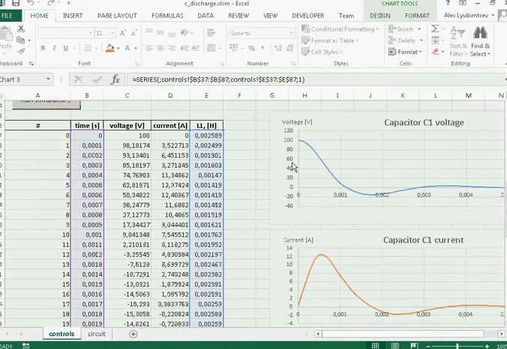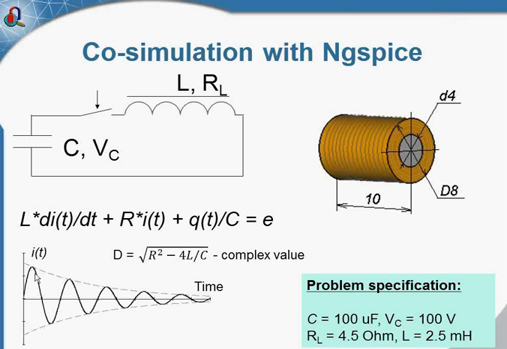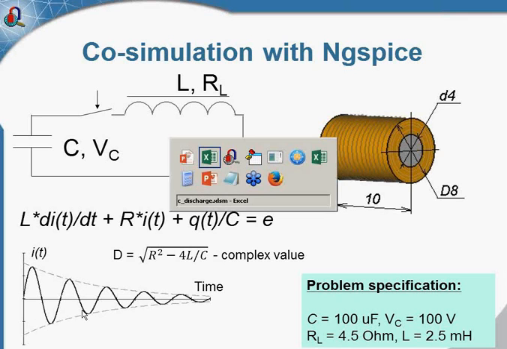When the results are ready, we can take a look at the current changing in time and the voltage changing in time. This is how the capacitor was discharging. And you may note that this is not the ideal sinusoidal form, as it would be in case of a linear inductor.